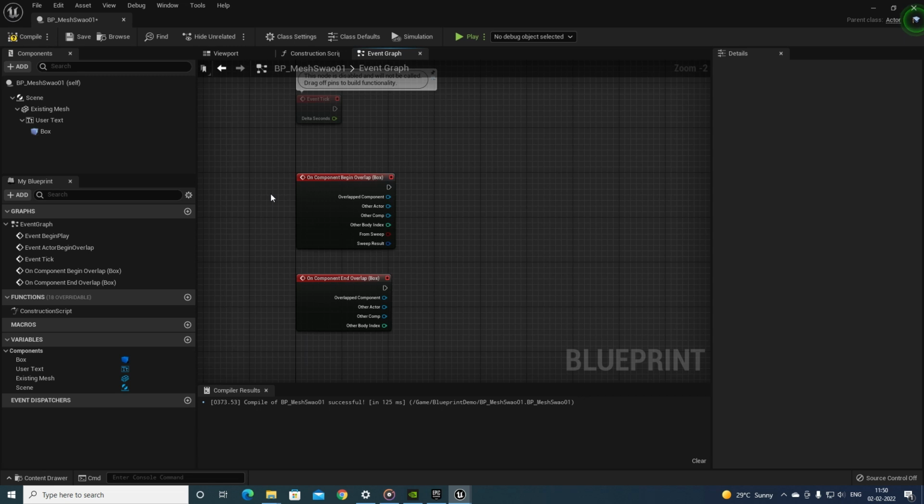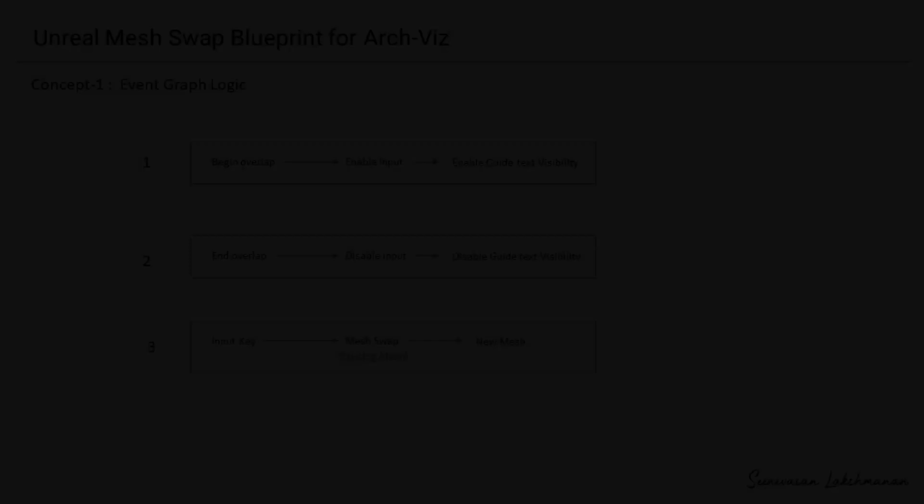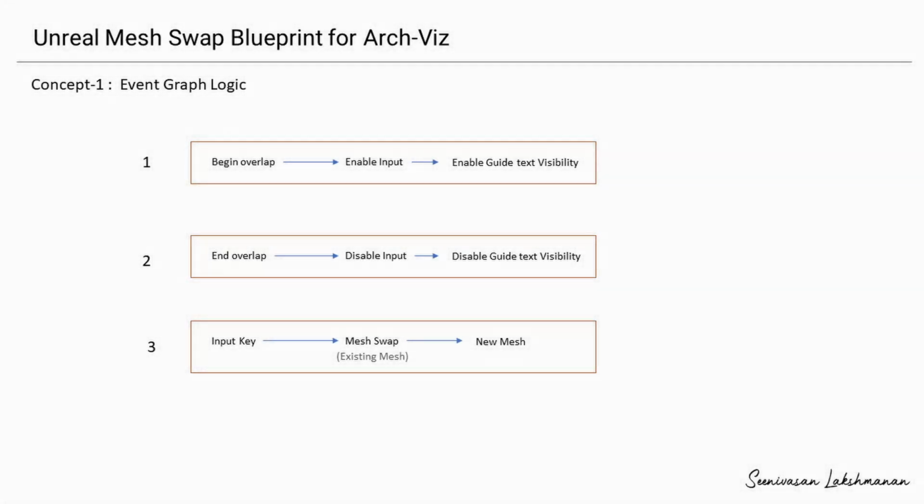We need to execute 3 logics to create this blueprint. Let us see. In the first logic, from begin overlap we need to enable the input, then enable the guide text visibility. And in the second logic, from the end overlap, we need to disable the input and disable the guide text visibility.